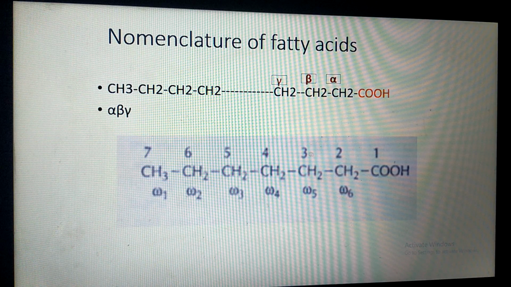One more way of naming fatty acid is by omega. Now this omega nomenclature is reverse of above two nomenclature. Here we are naming the carbon atoms of the fatty acid as omega 1, omega 2, omega 3 from the methyl end.